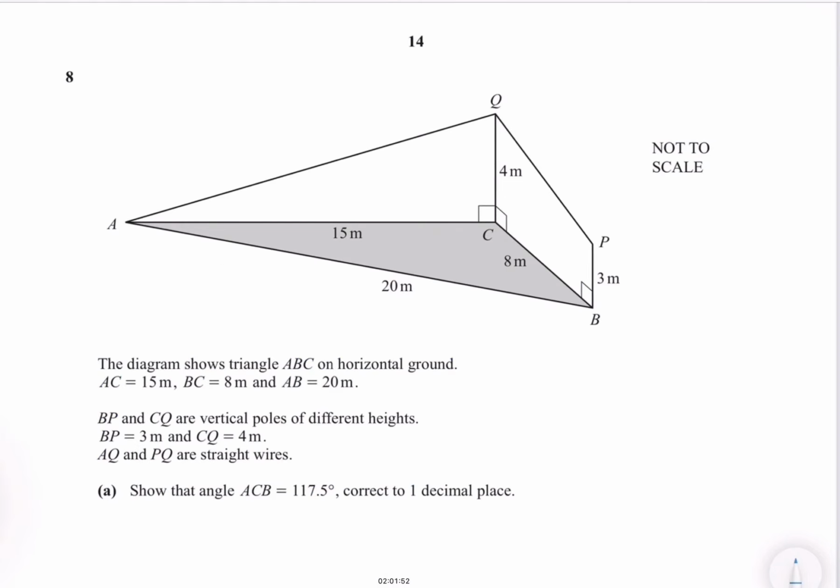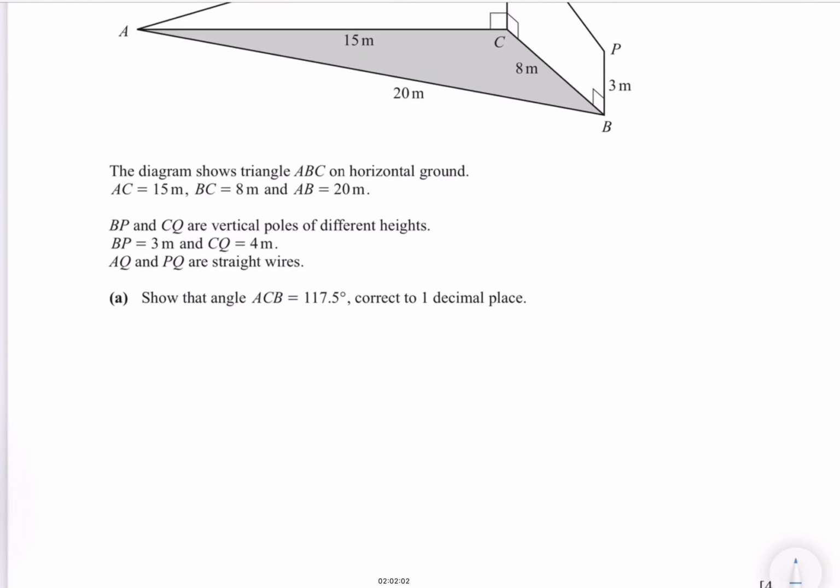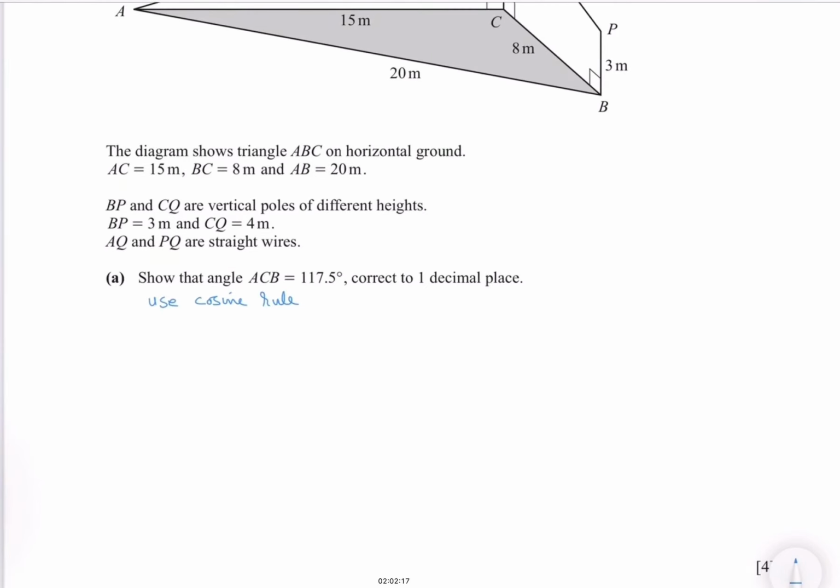Question number 8. Be careful dealing with this type of question. Show that angle ACB is equal to 117.5 degrees correct to one decimal place. So use the cosine rule, because in triangle ABC, which is shaded gray, all the lengths are given, no angle is given.